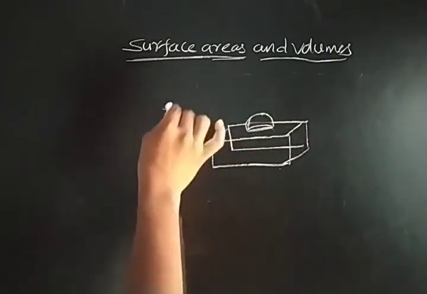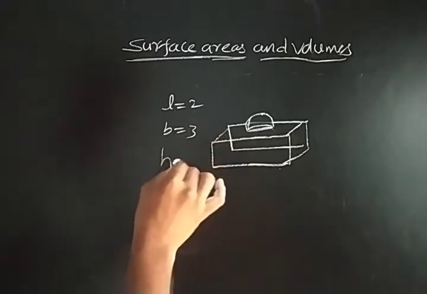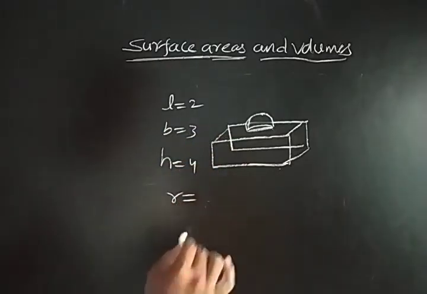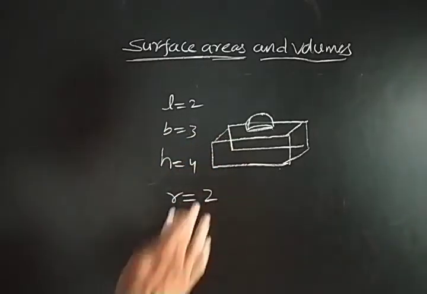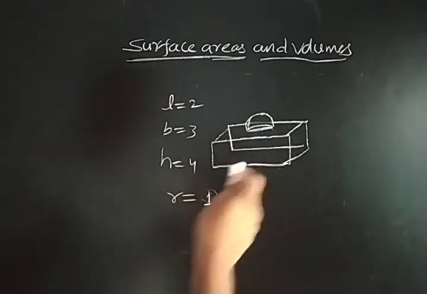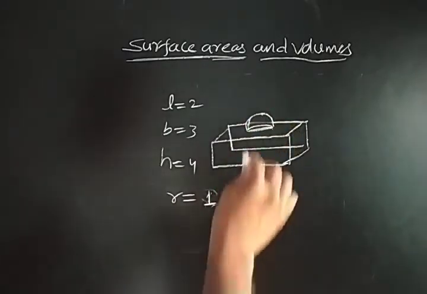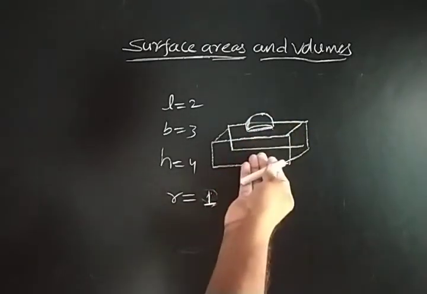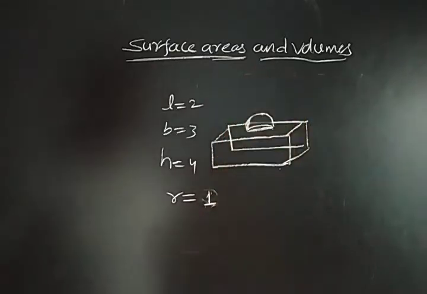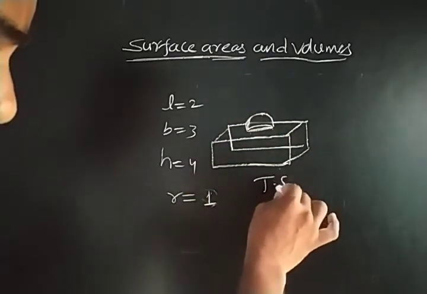Here I am giving l equal to 2 centimeters, b equal to 3 centimeters, h equal to 4 centimeters, and the radius of the hemisphere I am taking as 1 centimeter. So these are the dimensions of the cuboid, and radius 1 centimeter is the dimension of the hemisphere. Now I need the total surface area of this solid.